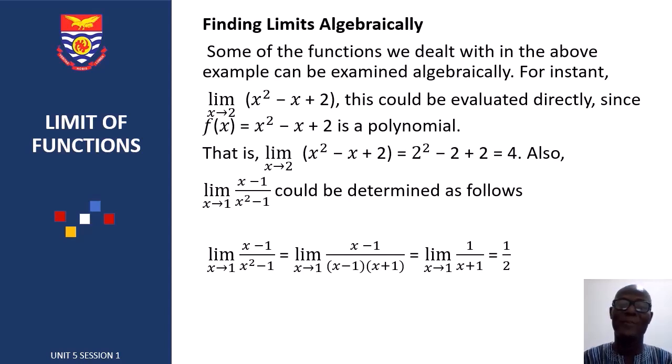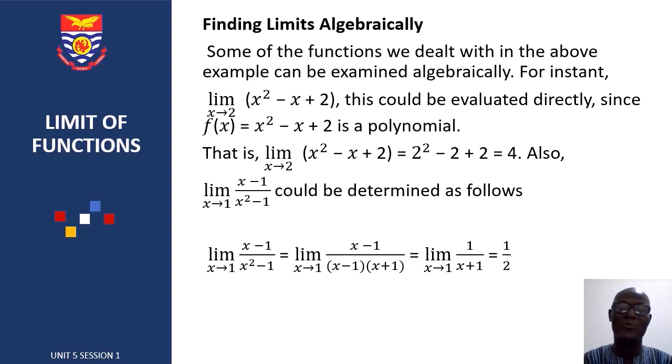Now simplifying, the limit as x approaches 1 of x minus 1 all over x squared minus 1 gives x minus 1 all over x minus 1 times x plus 1, since the denominator is the difference of two squares.